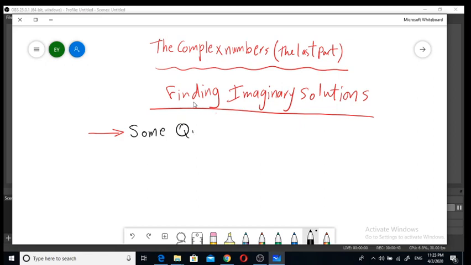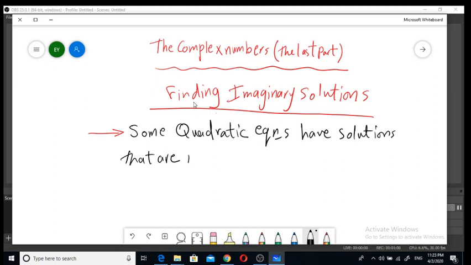Some quadratic equations have solutions that are imaginary numbers.